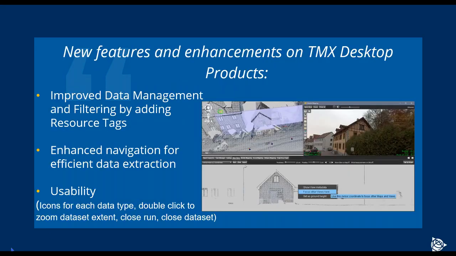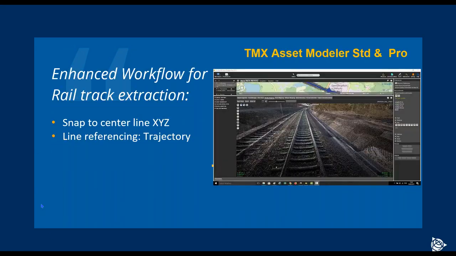The next thing I would like to talk to you about is rail track extraction, for rail mapping of the railway and asset management on the railway. Before, we needed to snap one feature to another from the rail track in a kind of manual way.